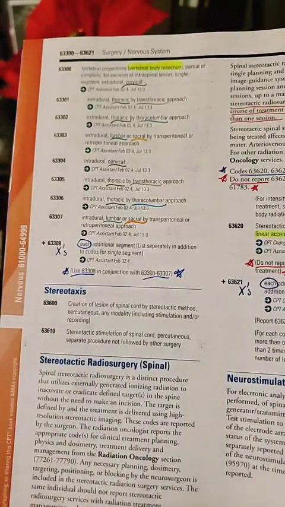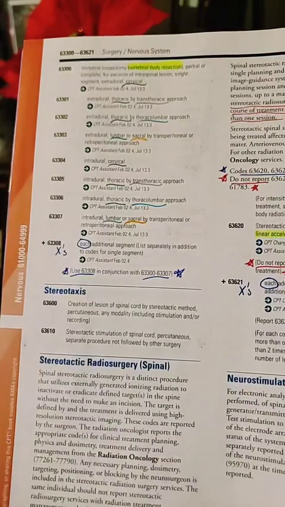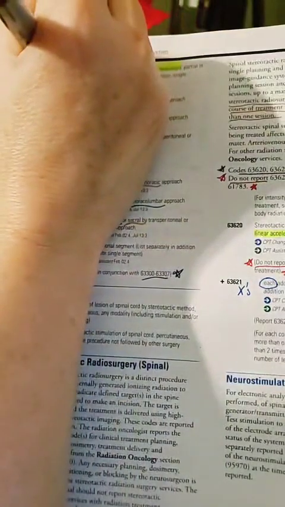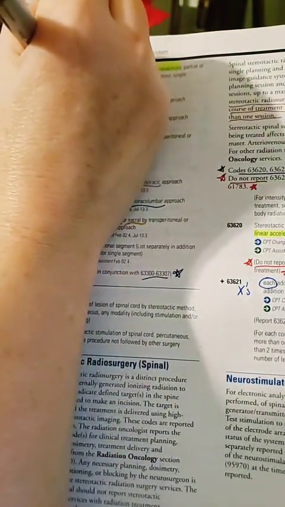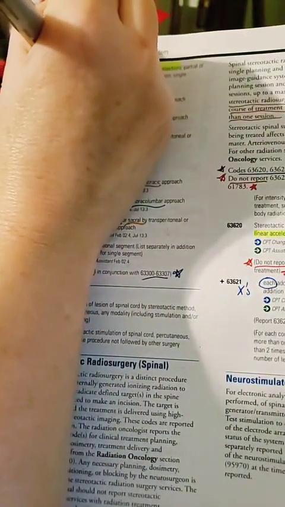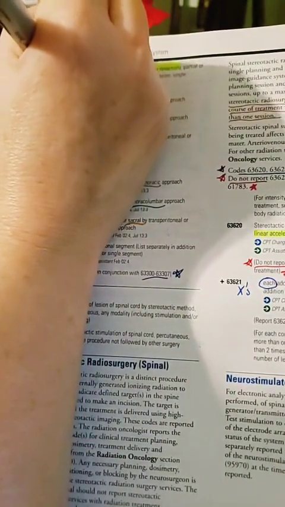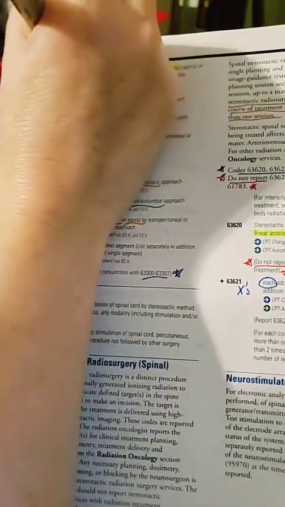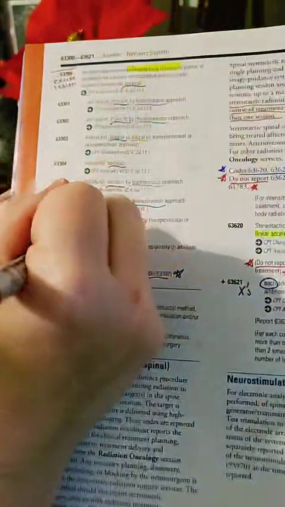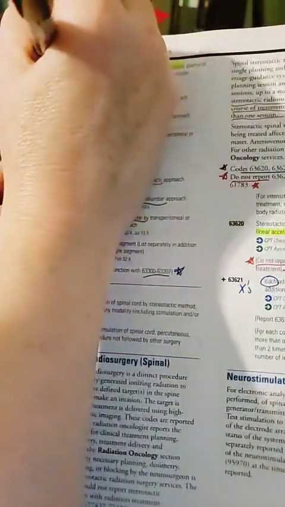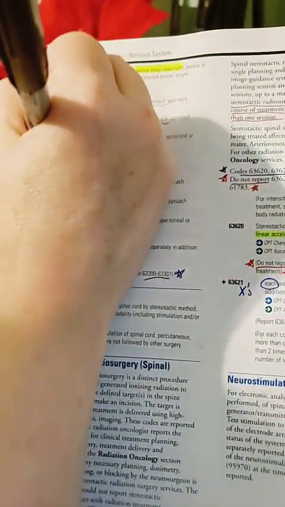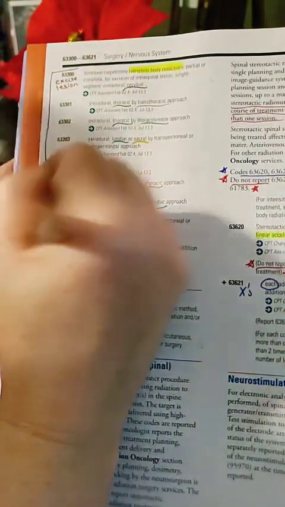Color me rainbows. This is, we're excising lesions during a corpectomy.